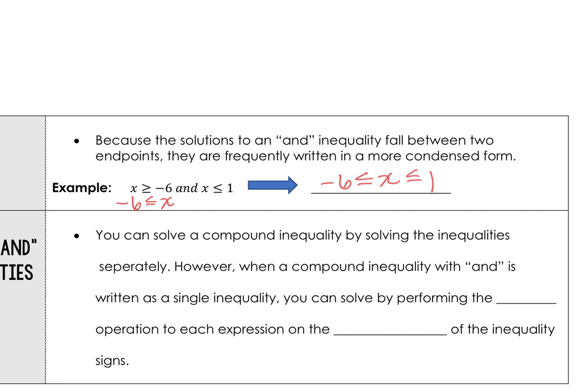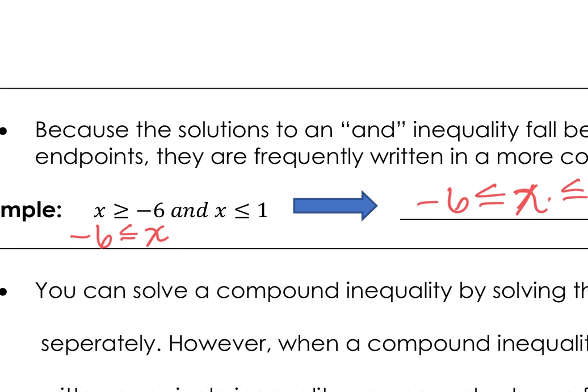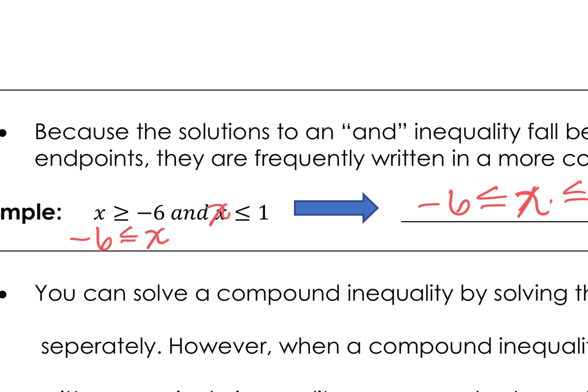So instead of writing the word and, I'm just putting my x in between what those endpoints are. X is in between those 2 points. So I'm taking this first inequality and just turning it around and then combining them. It's basically like I'm just sitting it on top of this x. Okay?